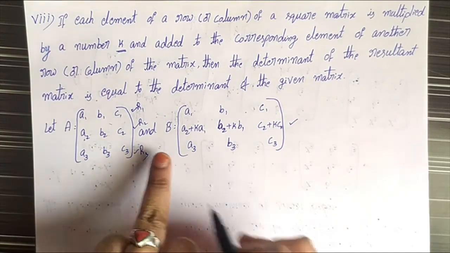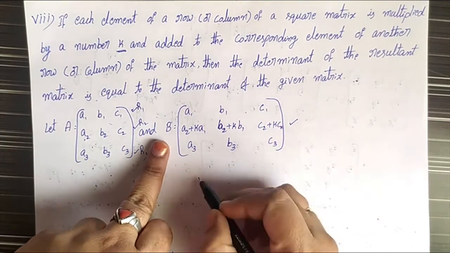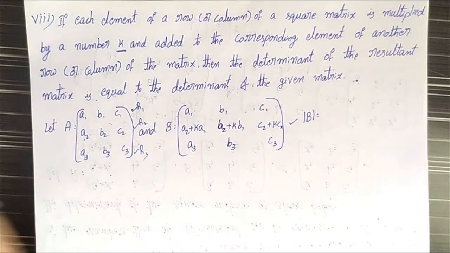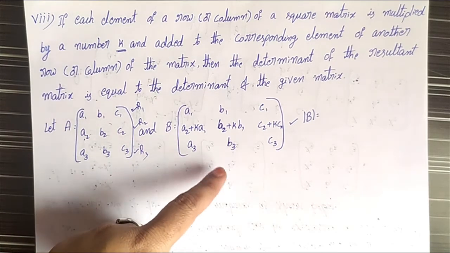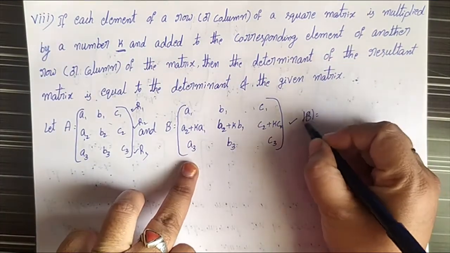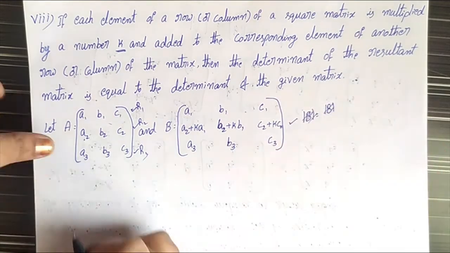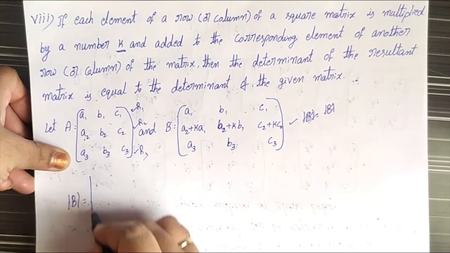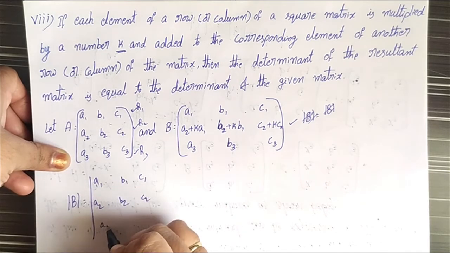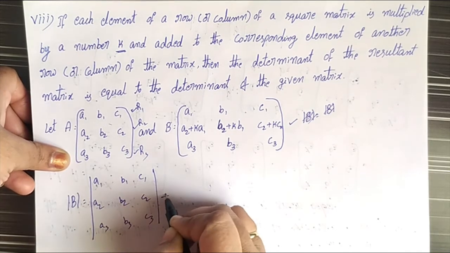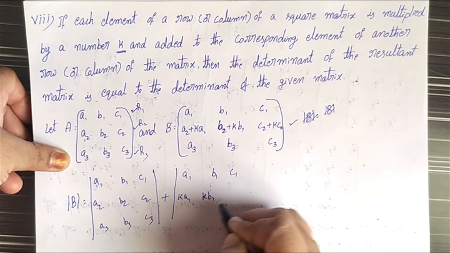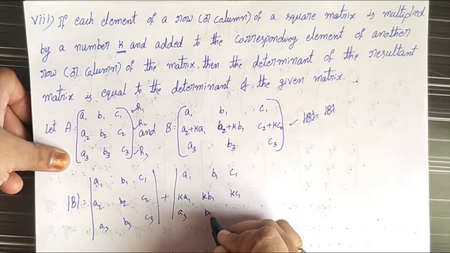Because we know that if we take determinant B, by the previous property number 7, this can be written as determinant B equal to the determinant of A1, B1, C1; A2, B2, C2; A3, B3, C3 plus the determinant of A1, B1, C1; kA1, kB1, kC1; A3, B3, C3.